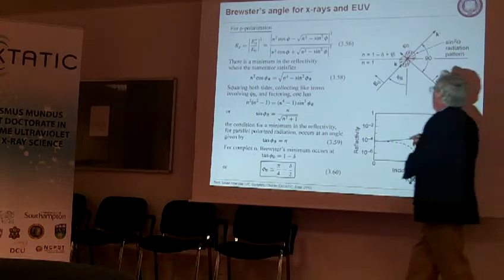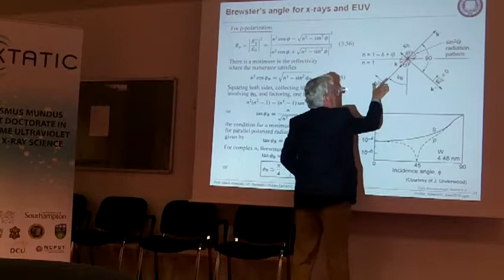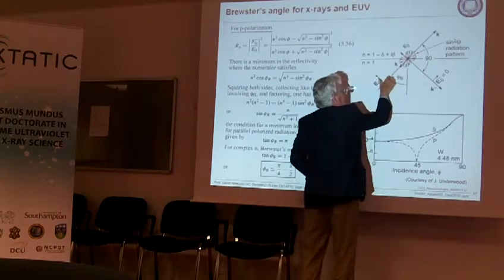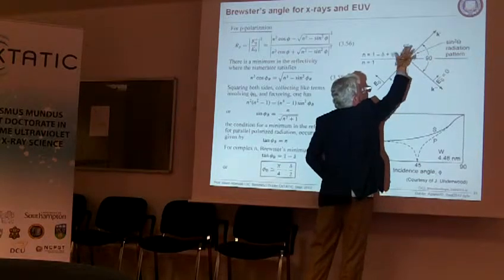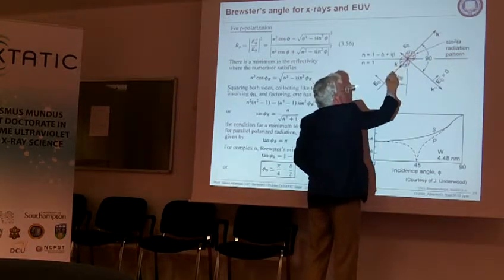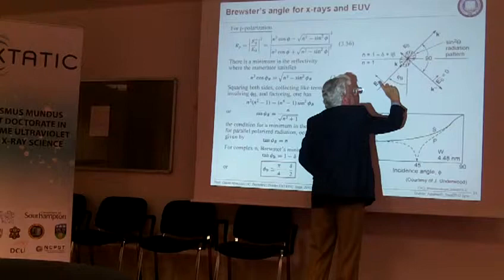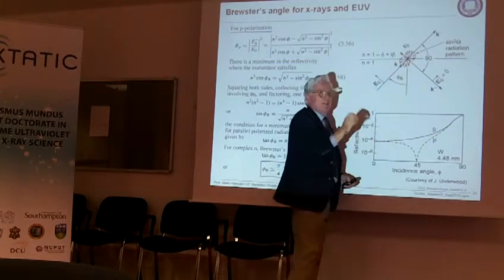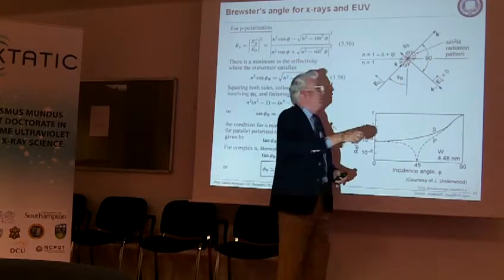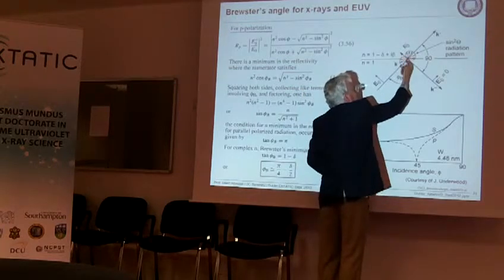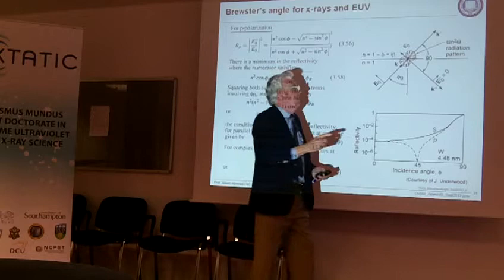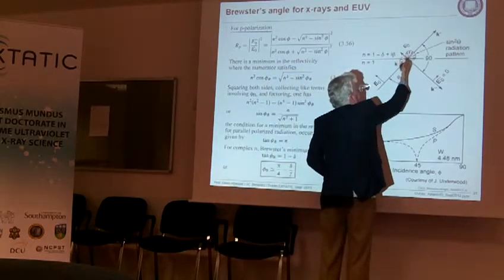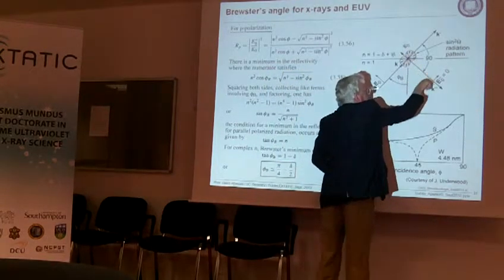Well, if the wave is coming in this way and has an electric field in this plane, then every atom along the interface and into the material, every electron and every atom, is oscillating this way, back and forth. And we saw yesterday when we calculated the dipole radiation that whenever you have a dipole, there's no radiation in this direction.